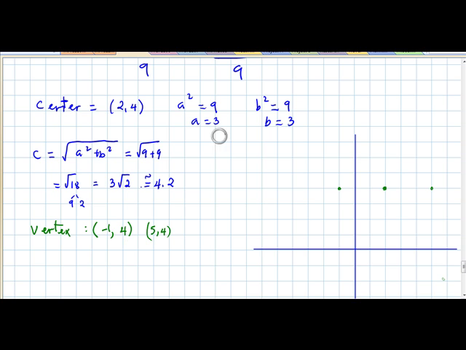Now our a is 3, our b is 3, so I can extend 3 to the left and the right to draw a box. And our b is also 3, so I'll go down 3 and go to the left 3 and the right 3 and up 3.